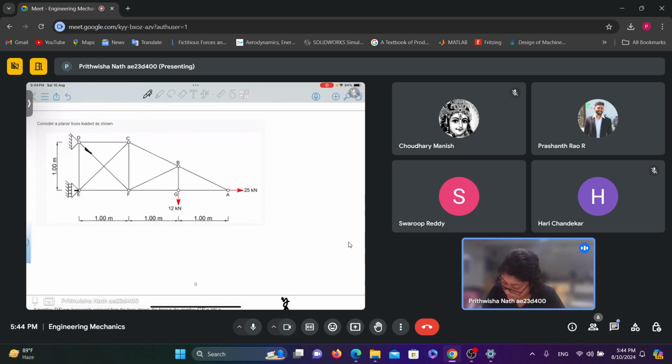Like here, it is acting in this direction. But for a pin joint, we don't know how it will act, so we resolve the force in two directions.